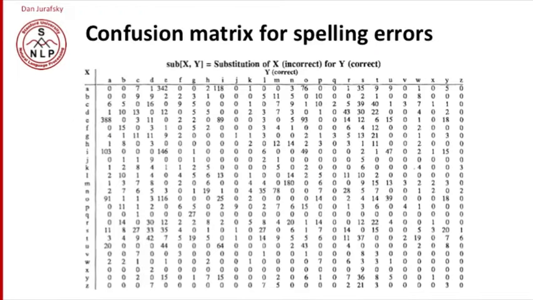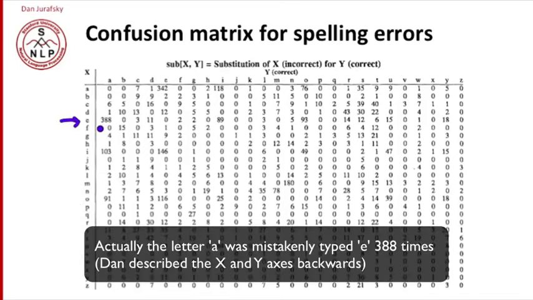So here's an example of a confusion matrix for spelling errors. The font is a little small, but just to give you a basic idea, this is a substitution matrix that I took from Kernighan et al. So here's the letter E, and it's very likely in their data, 388 times, to be substituted with an A. So you meant to type E, you incorrectly typed an A, or you might have typed an I, or you might have typed an O. So vowels are very likely to be mistaken for each other.